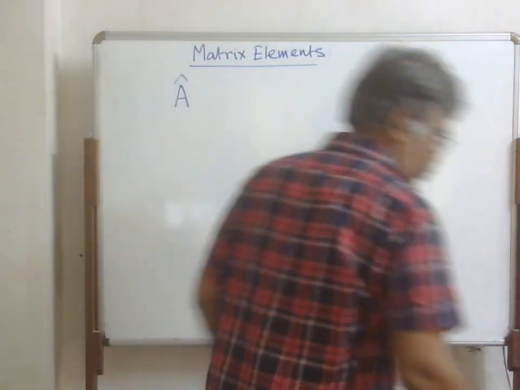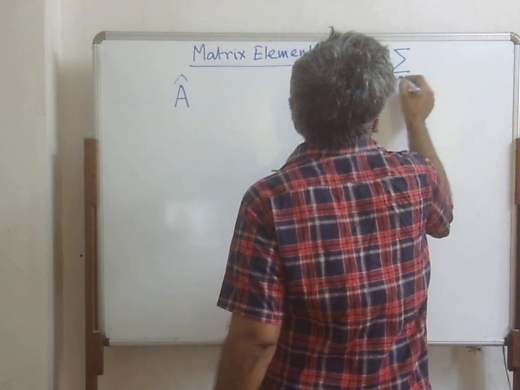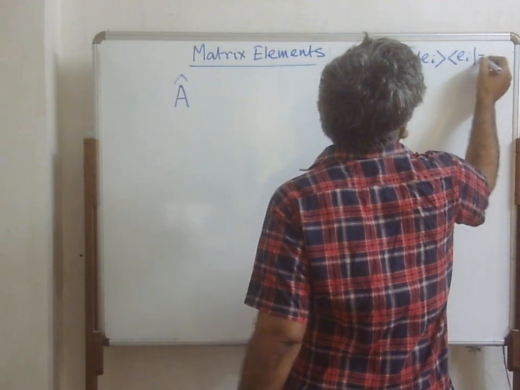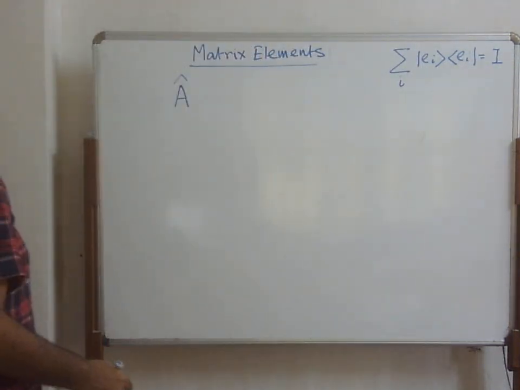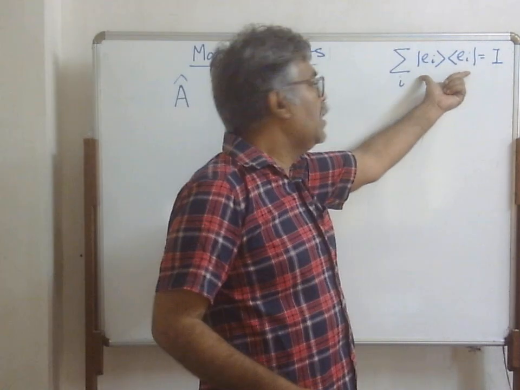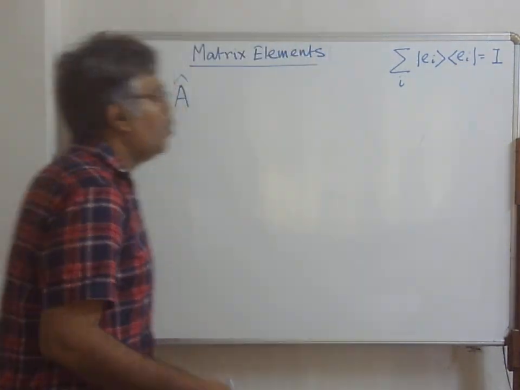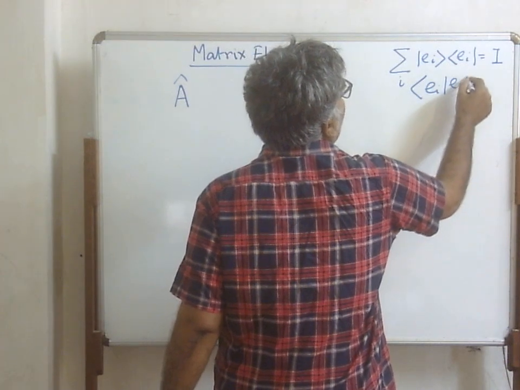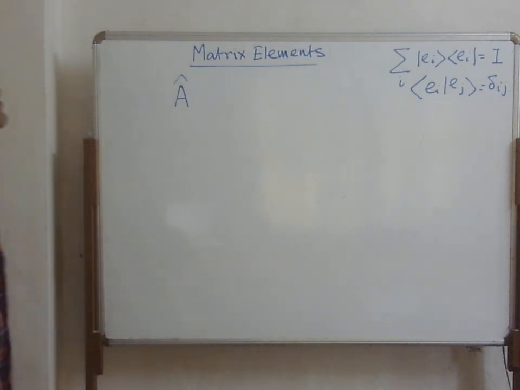Let me write this completeness here: sum over i of |e_i><e_i| is the identity. If I only take this without the sum, it is the projection operator, and <e_i|e_j> is delta_ij, so this is the orthonormal basis, and the above is the completeness.